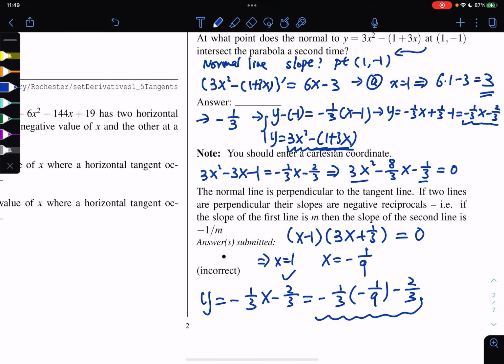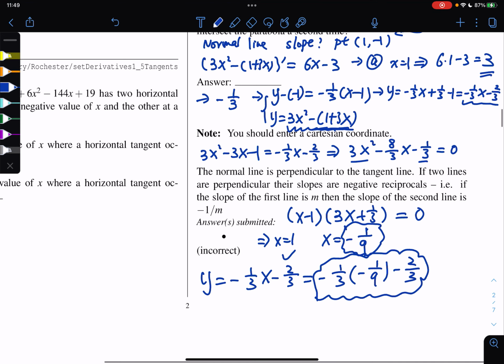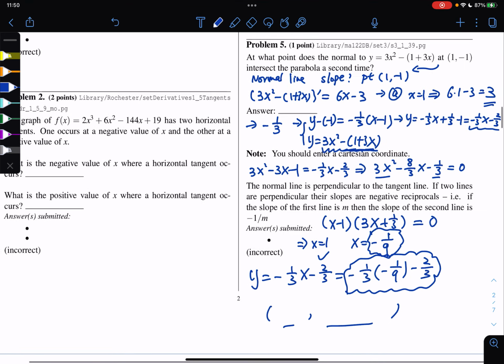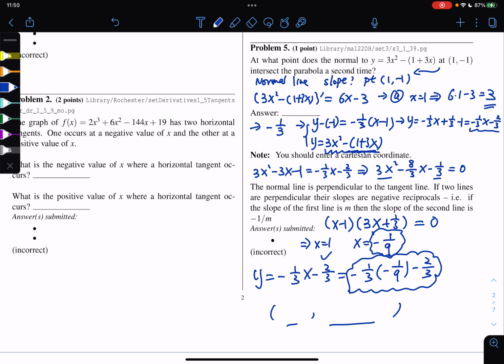So this is my y value, and this is my x value. Putting the two of them side by side gives me the Cartesian coordinates of the intersecting point for the normal line of this function and the function itself.